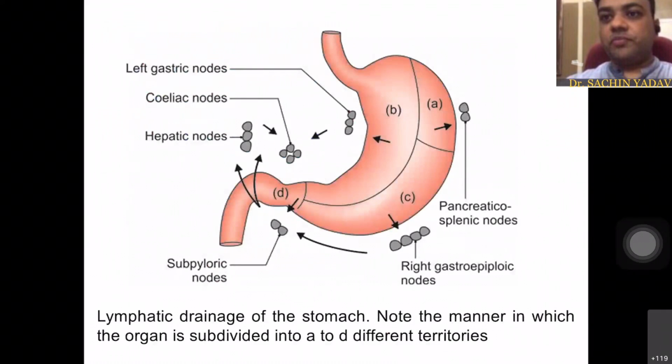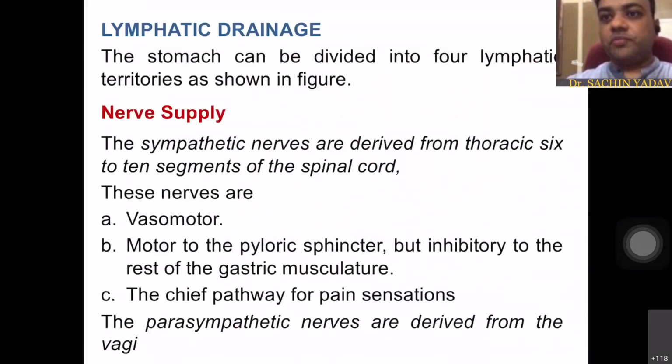You can see the pancreatic nodes and splenic lymph nodes here. This part drains into the right gastroepiploic nodes in the greater omentum, the subpyloric nodes, the nodes along the celiac trunk, and the hepatic nodes along the common hepatic artery. So these are the main lymphatic drainage of the stomach.